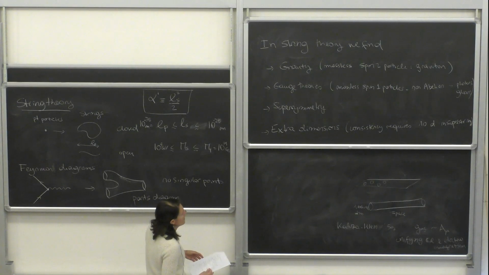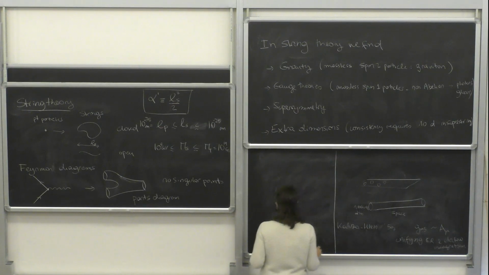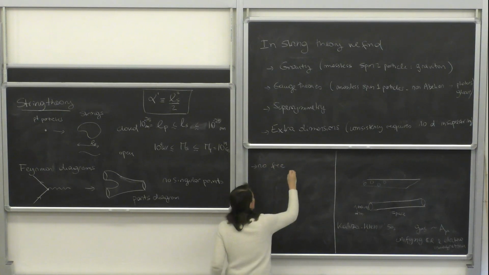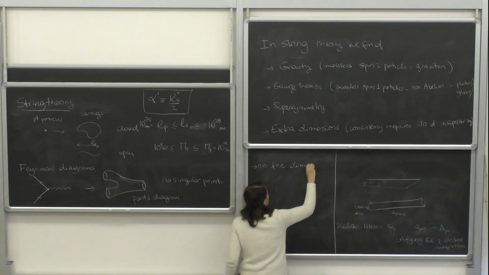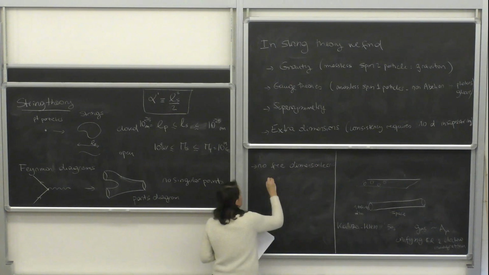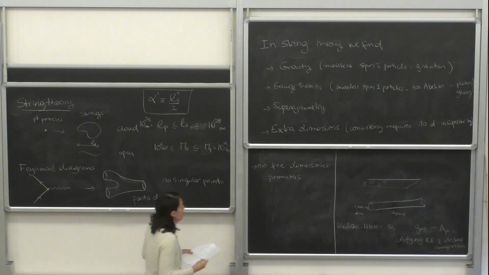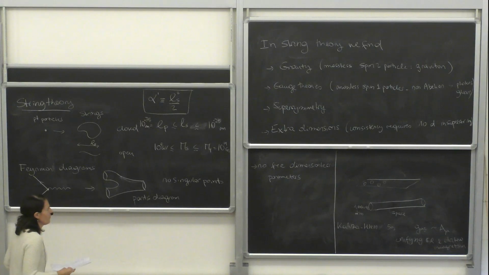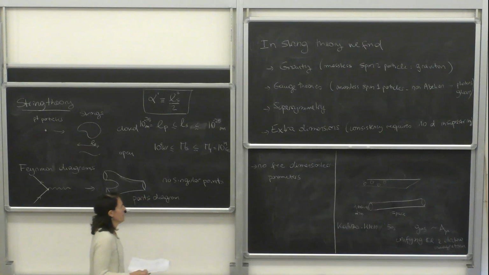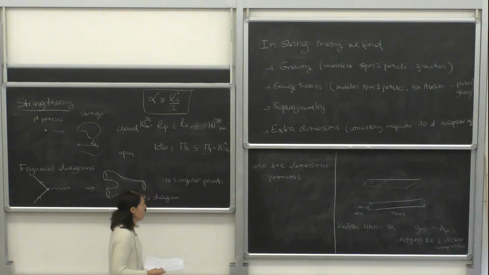We also see, let me put here, no free dimensionless parameters, like the alpha in the standard model, 1/137.